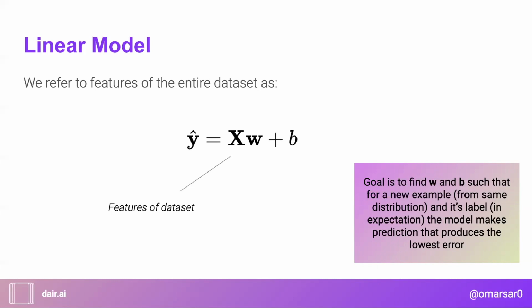We're doing the same thing, but we take advantage of vectorization to do that. So at the end, the goal is to find the W and B, those parameters, such that for a new example and its label, the model makes the prediction that produces the lowest error. I start to introduce this idea of lowest error. What does this mean? We're going to talk about that shortly.